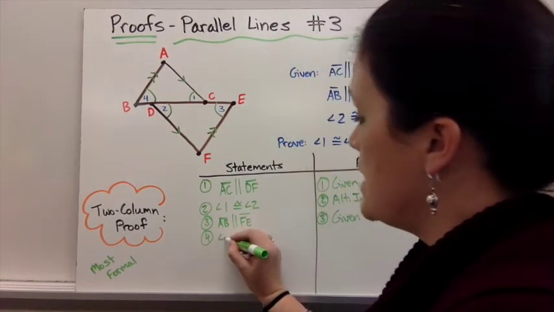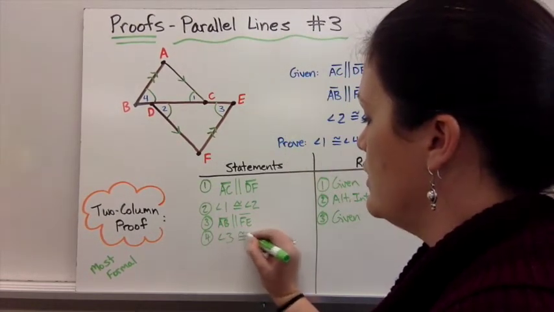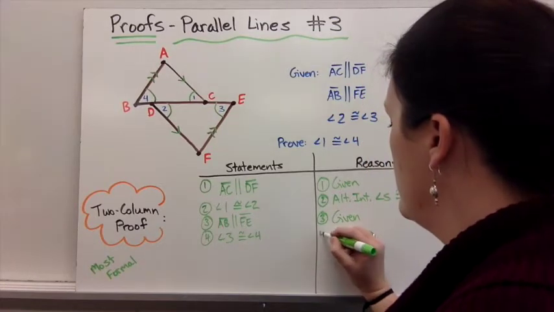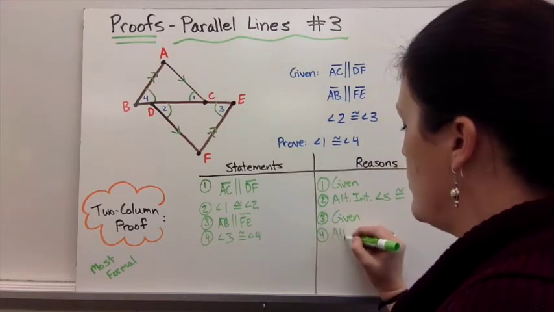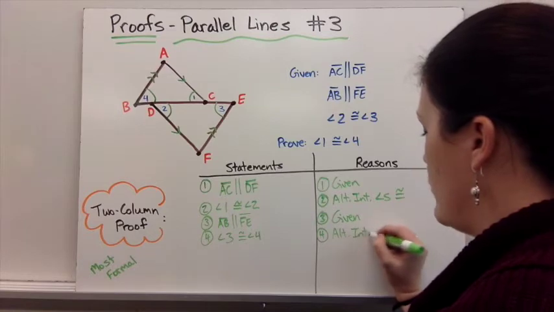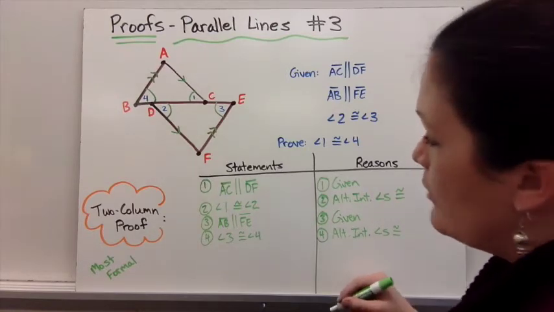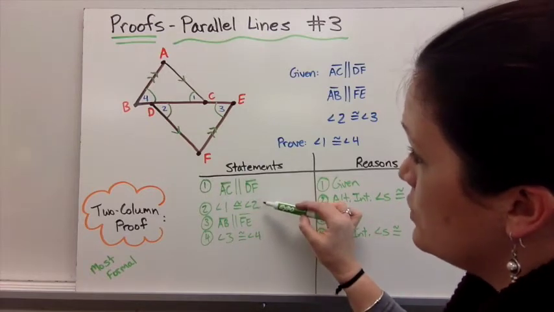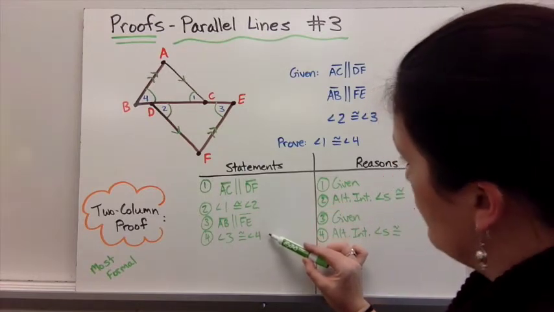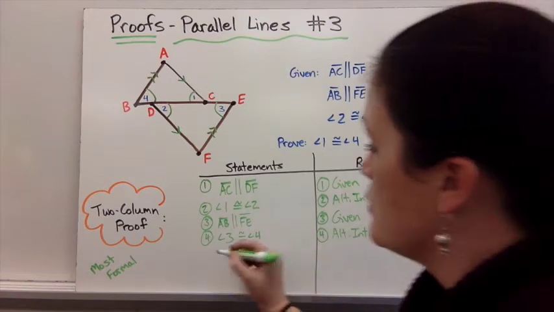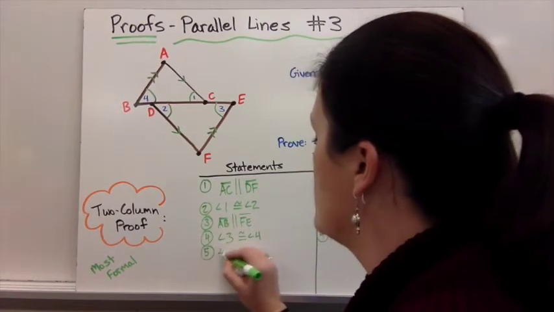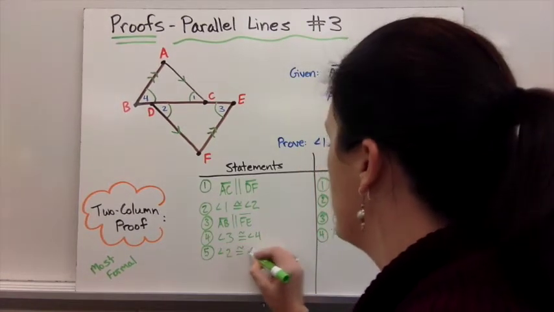That helps me state angle 3 is congruent to angle 4 because those were alternate interior angles, and those are congruent. So now we know that angle 1 is congruent to angle 2, angle 3 is congruent to angle 4, and it is given, so let's put this one down here, that angle 2 is congruent to angle 3.